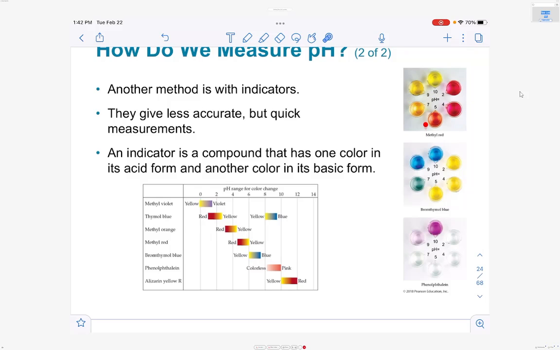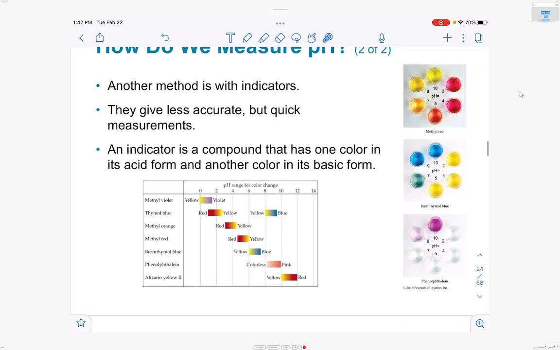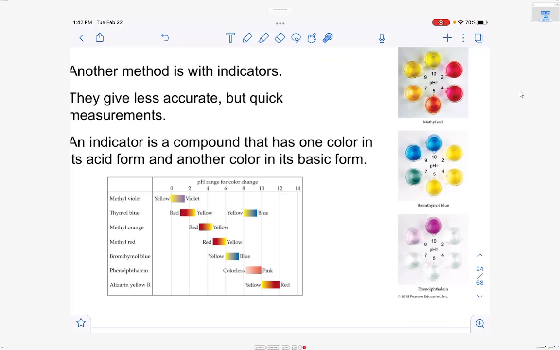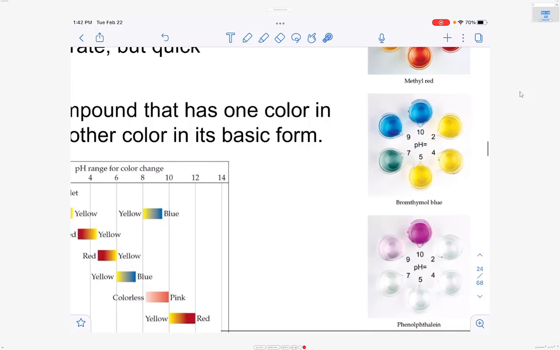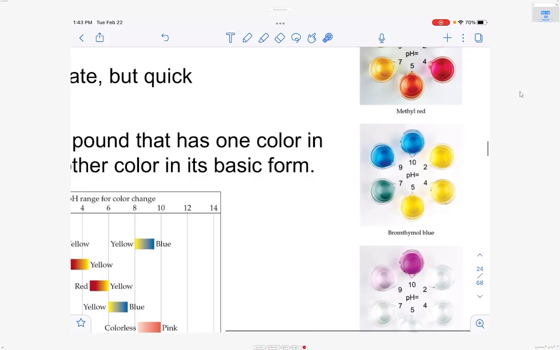When you have a basic solution, pH higher than 7, and when you add methyl red powder, it's going to turn yellow. So you know that the solution is basic. If you use bromthymol blue dye, this dye will give different colors for acidic and basic environments compared to methyl red.